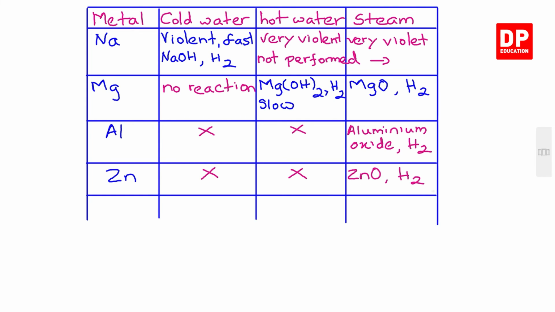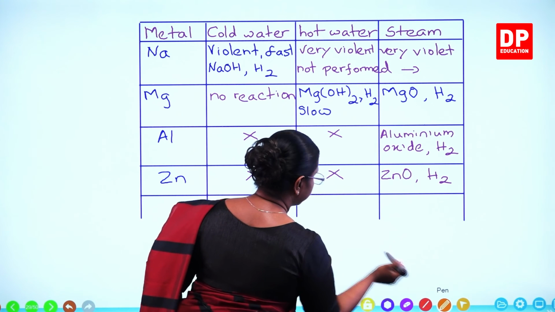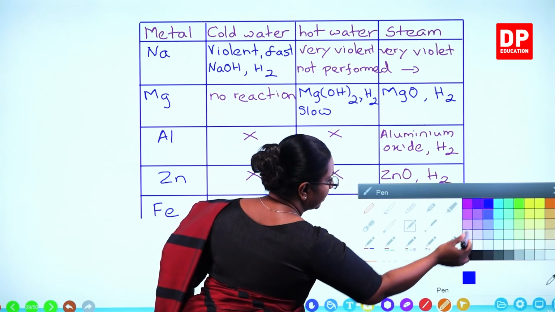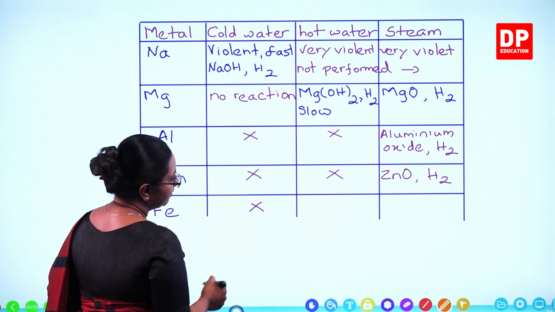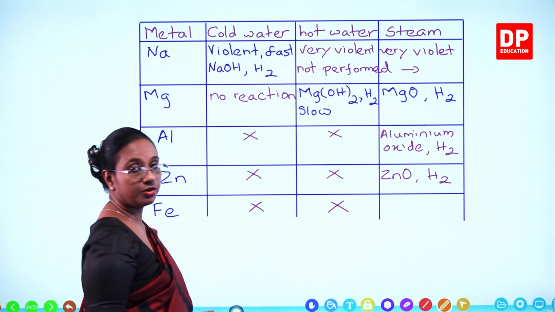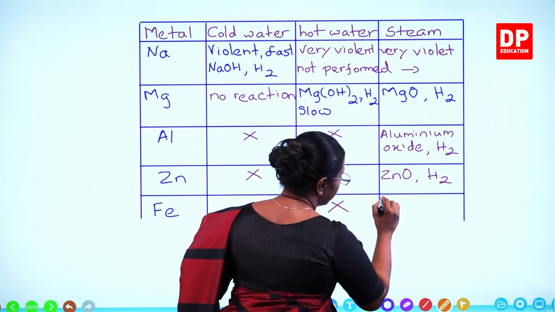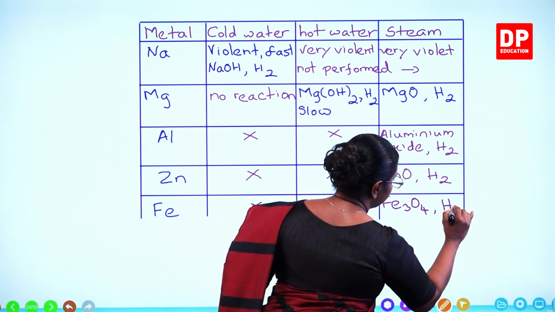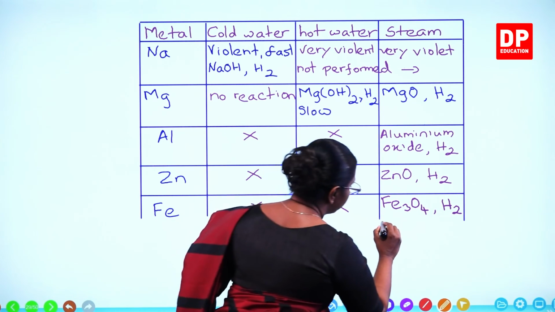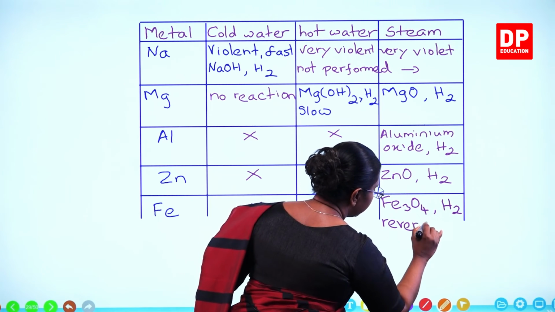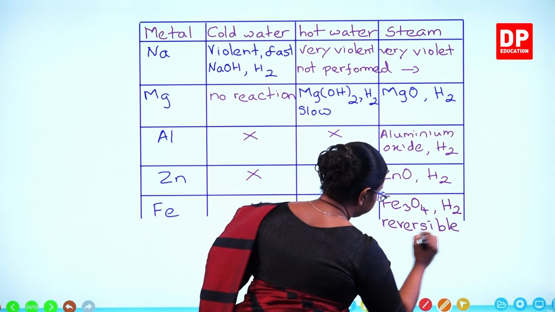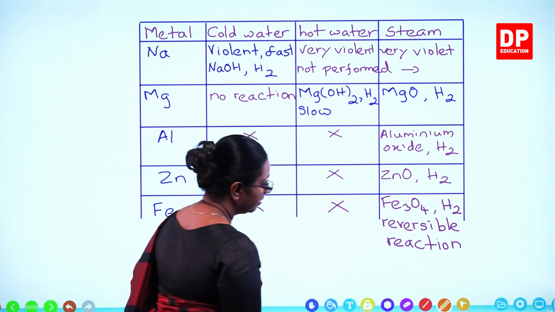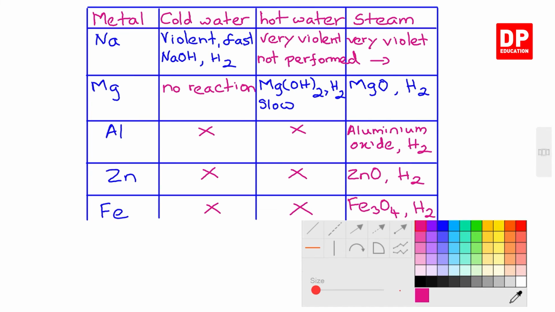Thereafter, what did we consider? We considered iron. Iron, what happens there? No reaction with cold water, no reaction with hot water, but with steam you get Fe3O4 and H2. And also it is a reversible reaction.